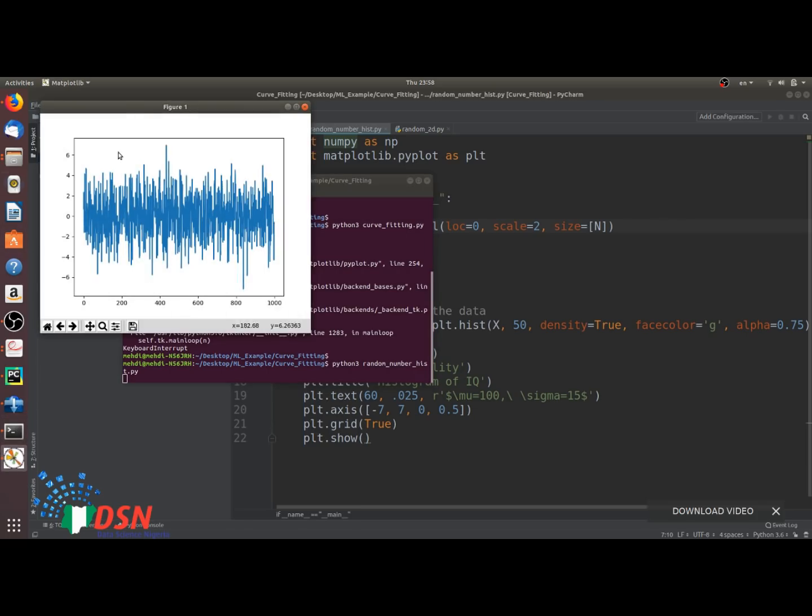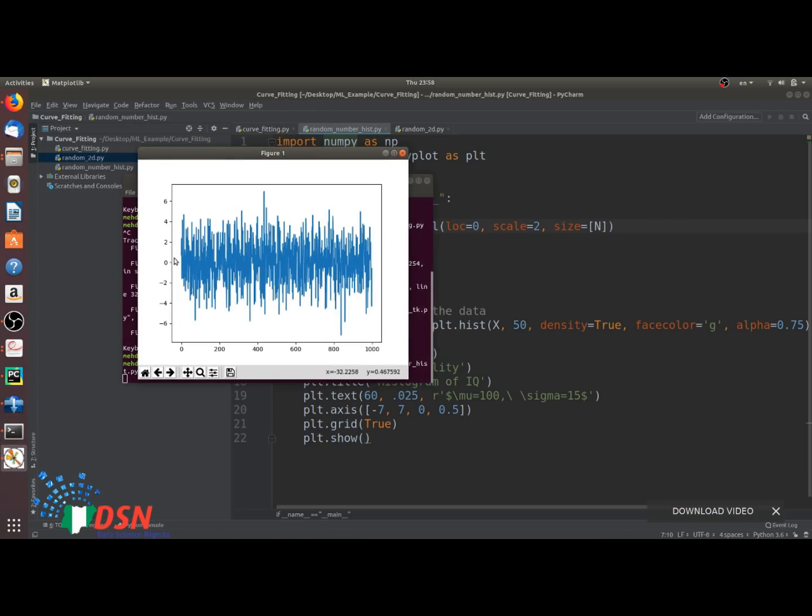If we plot that, we could see that it is something like this. As you could see, the mean is 0, because in here the mean parameter of our Gaussian distribution is 0, so it is around 0. It has some fluctuations, which is related to the scale.